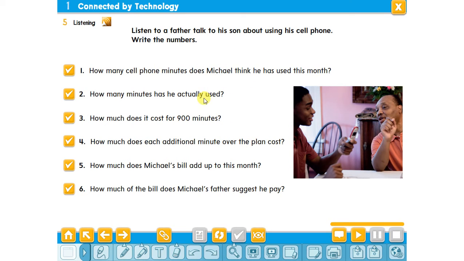And here, what was really used. This is what Michael said, and this is what he really used. I think it is clear. This one, what Michael thinks. This one, what his father said. How much does it cost for 900 minutes? The value.